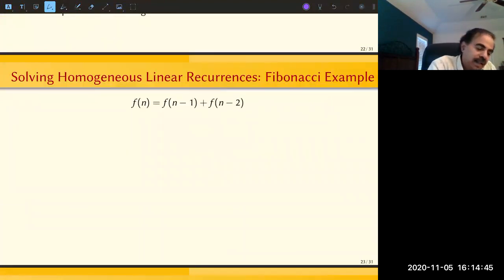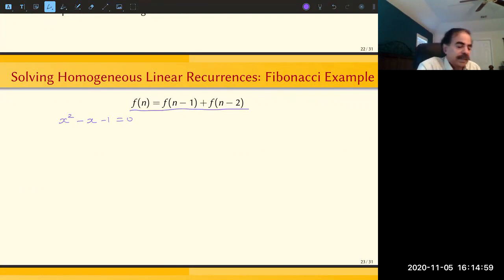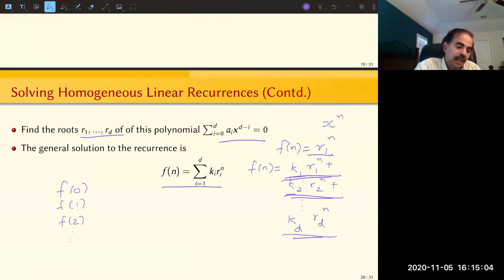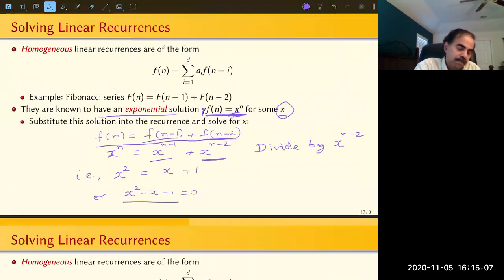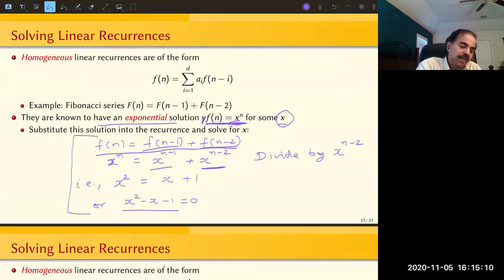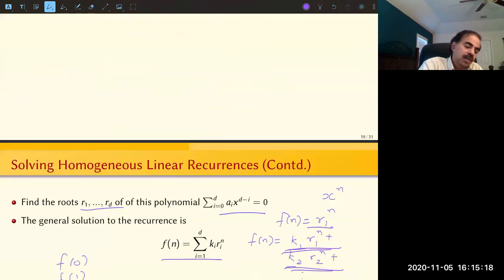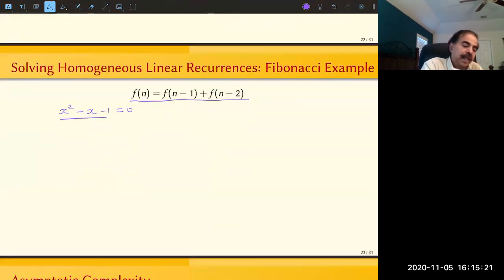We already said we reduce this to the quadratic equation x squared minus x minus 1 equals 0. From this linear recurrence, we arrive at this formula: we start with f of n and plug in x to the power n as a solution, and then we get this equation on x. So let's find the solutions to this.